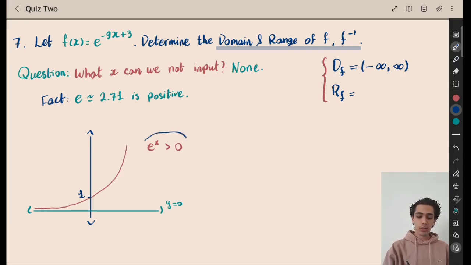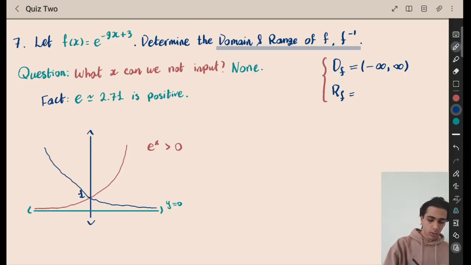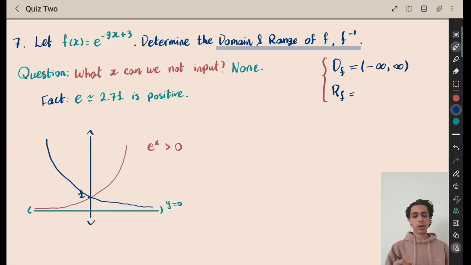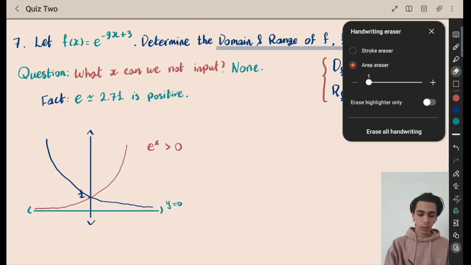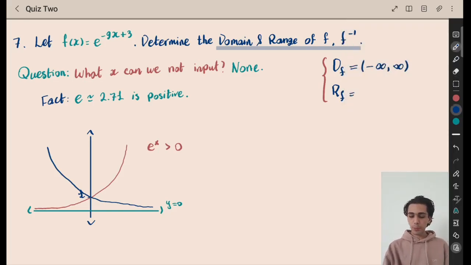By the way, I know that this is the graph of e to the x, and it's not the graph of e to the minus x. But if you're wondering, this is the graph of e to the minus x. It's like a mirror. It's very nice. Inverse functions are nice. And in that case, the range of f would be going from 0, but it does not include 0.